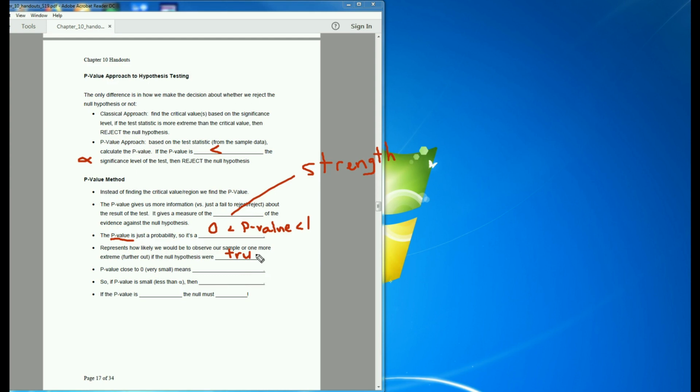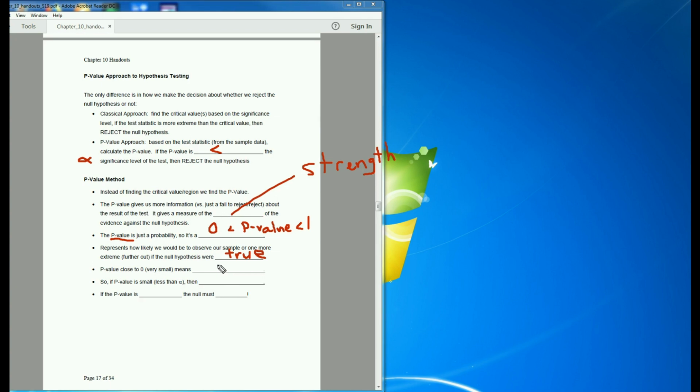Because again, you always go into a hypothesis test assuming that the null hypothesis is true. If you get a p-value that is very close to 0, it means that it is highly unlikely. Highly unlikely. Okay?